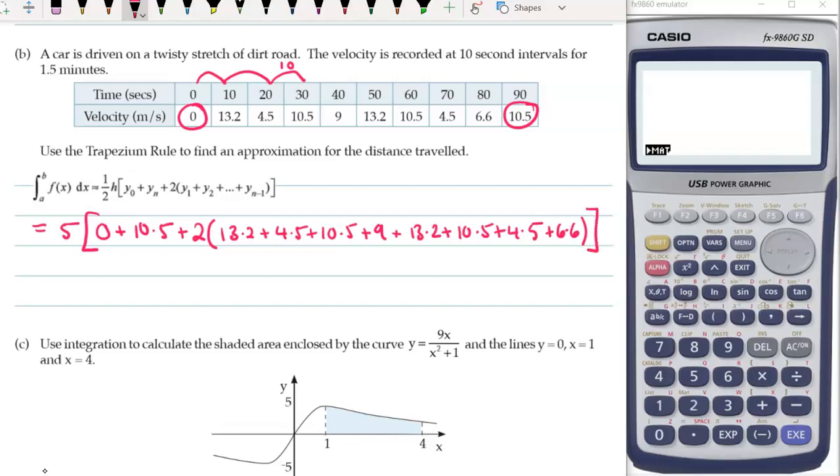Okay, then put all of that into your calculator, which I'm not going to go through doing whilst recording, but that comes to 772.5, and we're measuring in minutes.